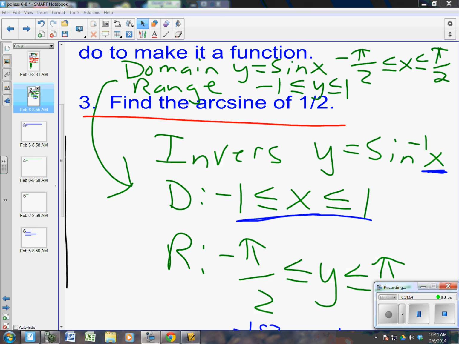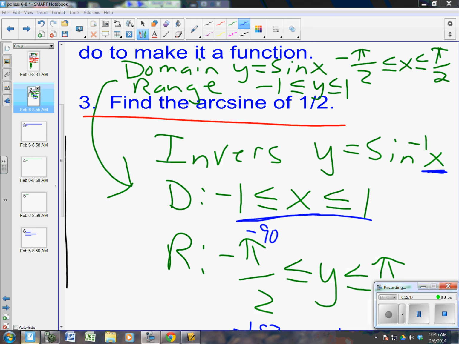Now, is there another answer besides 30 degrees? Actually, think about this, you guys. What did we talk about the answer can be between? The answer can be between, right here, negative pi halves and positive pi halves. What is that in degrees?